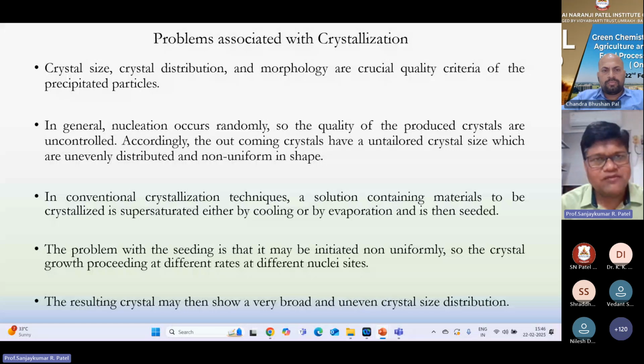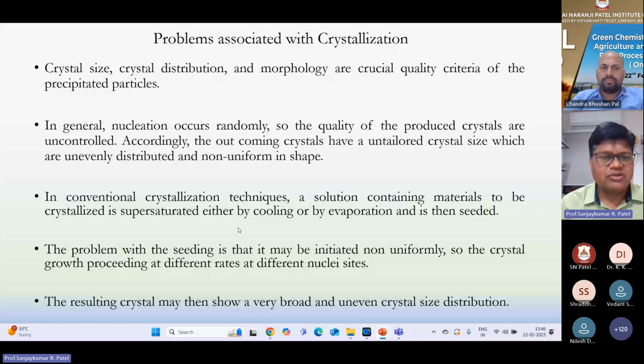So even if we can produce a product with the help of conventional technology, there are still problems about the size distribution and the shape control of the product that still exist with crystallization techniques.